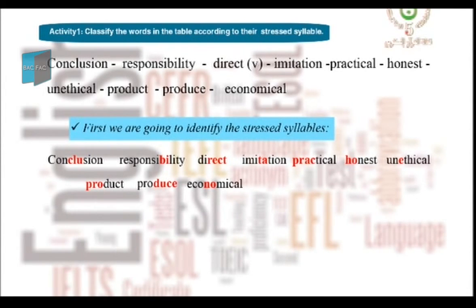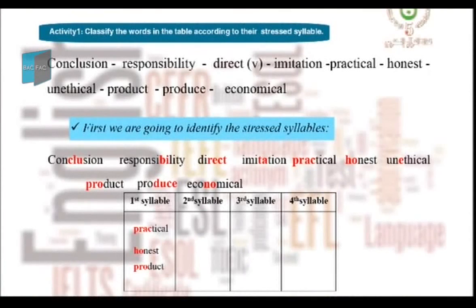Imitation, right? Practical. Honest, unethical, product, produce, the verb, economical. Right? Now, we have to count before we put these words in the table.